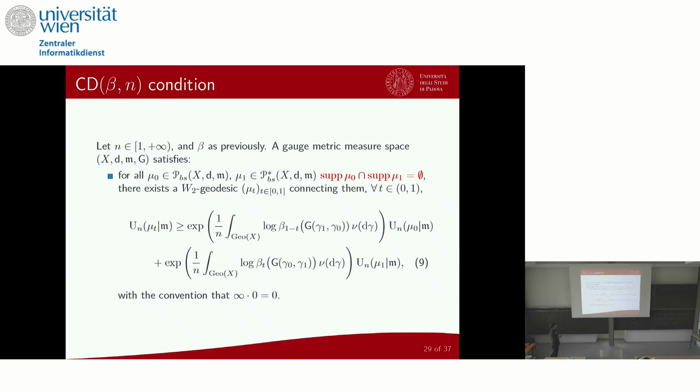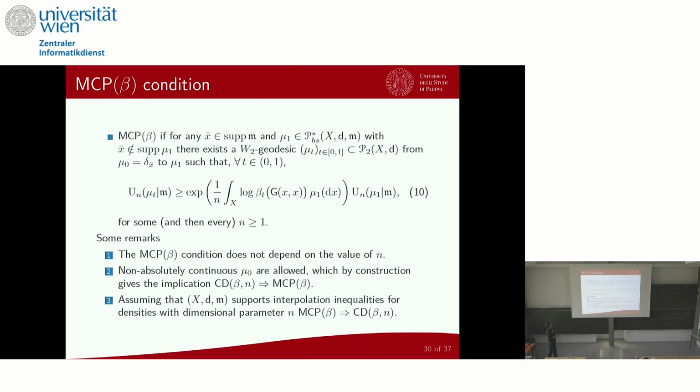And we require this inequality on U_n of mu_t, where mu_t is the W2 geodesic connecting mu0 and mu1, with respect to U_n of mu0 and U_n of mu1, and within the coefficients here you have your beta, the beta you fixed in the class, and the gauge function. So you produce a definition this way, and you also have an analogous MCP beta condition, where you somehow kill one of the two terms.